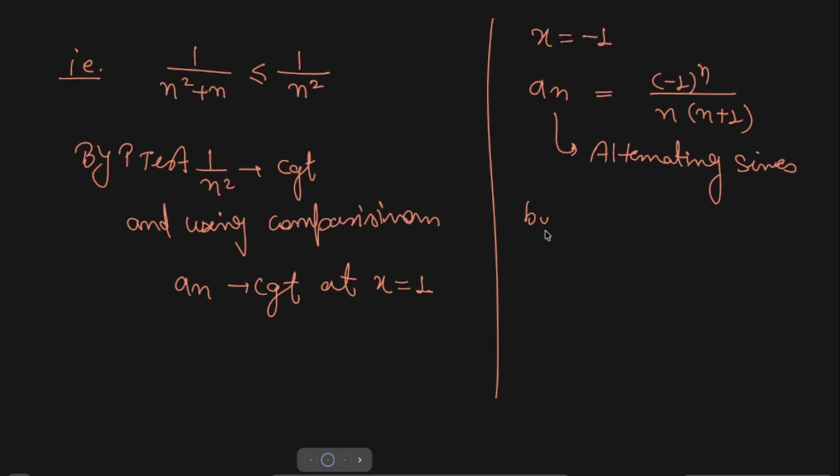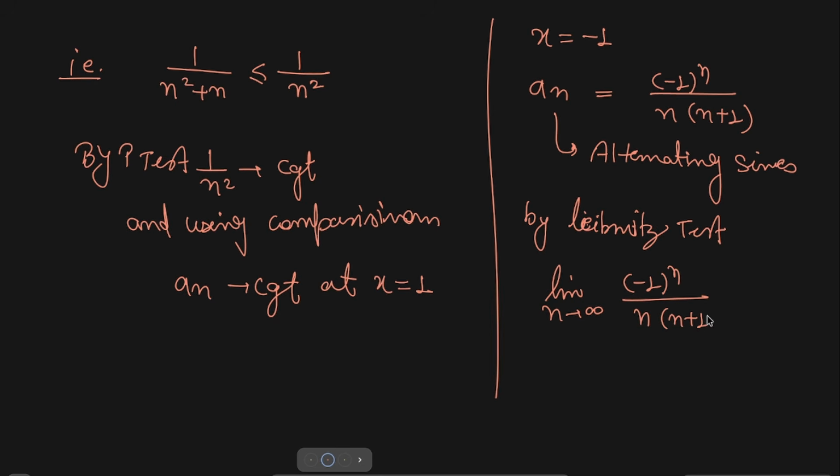By using Leibniz test, limit n tending to infinity of minus 1 power n upon n plus 1, and of course as n goes to infinity it will be 0.